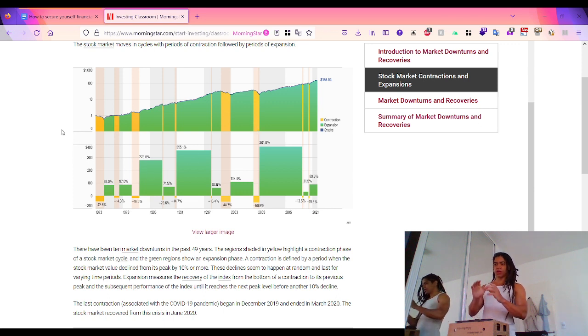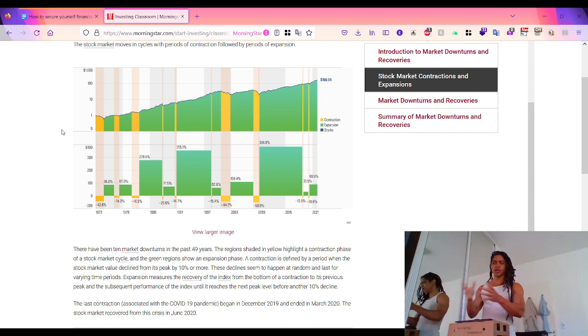and also understand what an expansion is, which measures the recovery of an index from the very bottom of the contraction to its previous peak, and then the subsequent performance until the next peak level before another 10% decline.